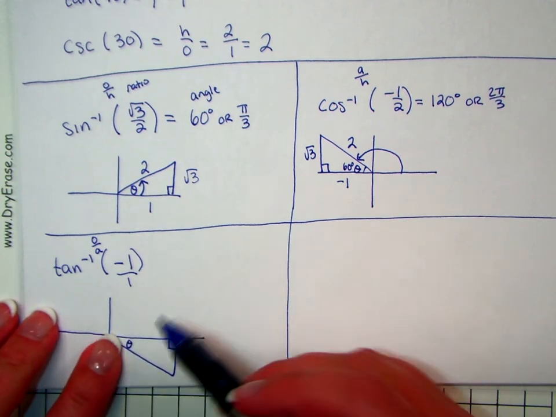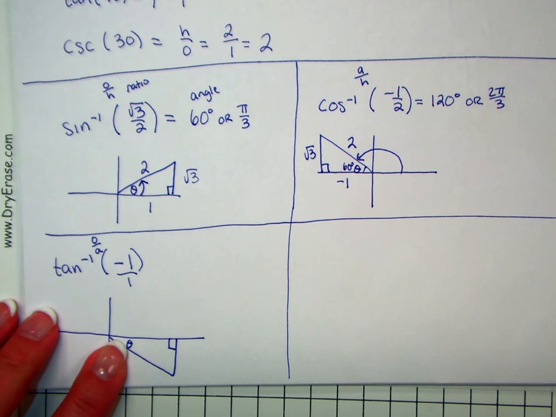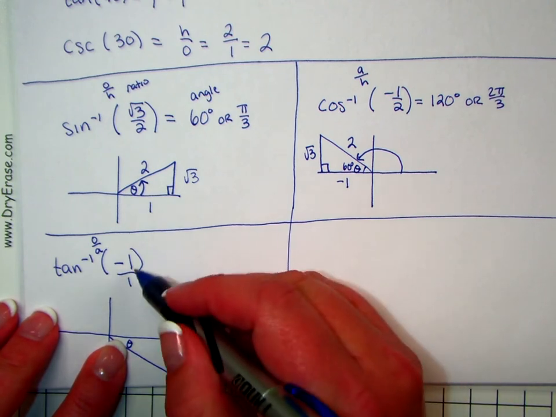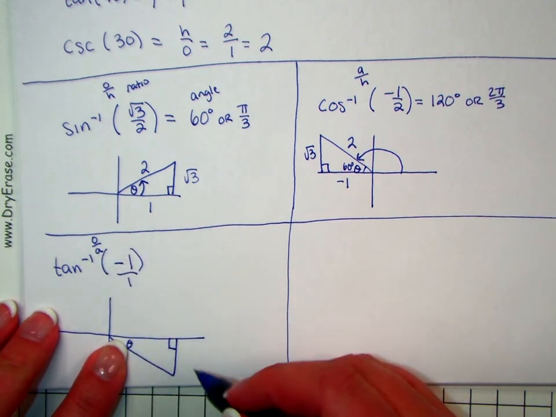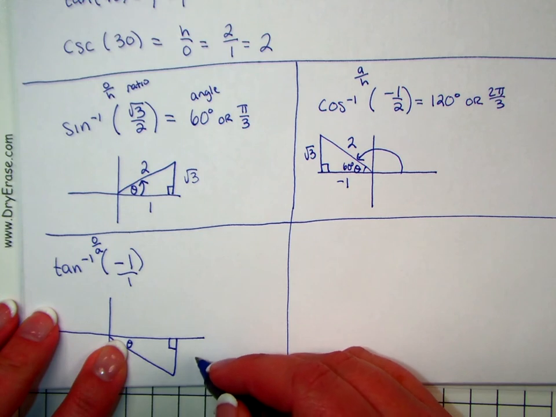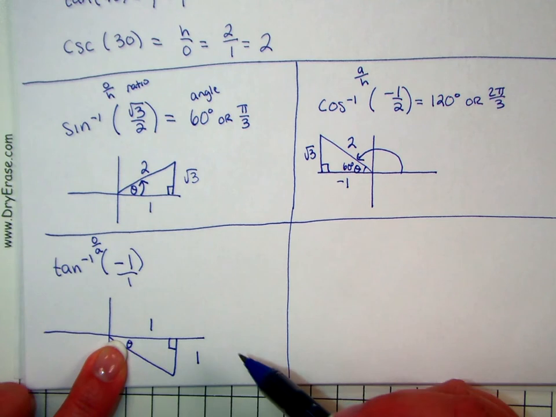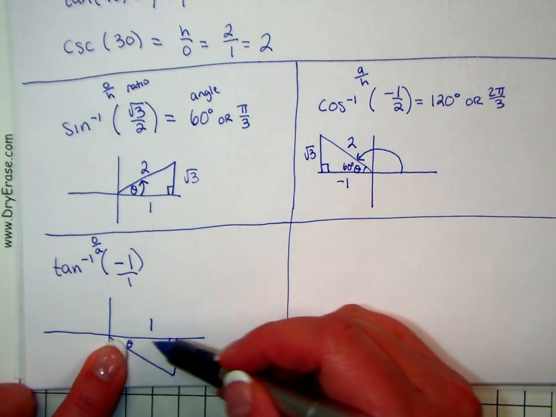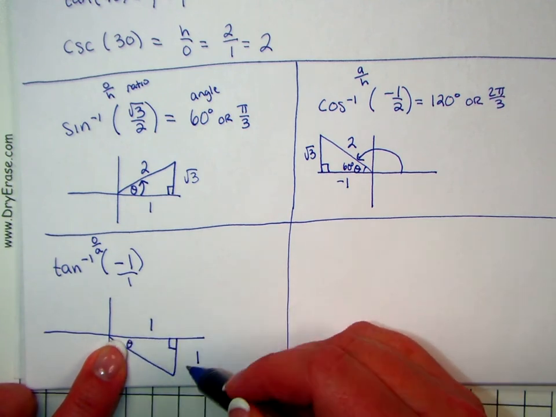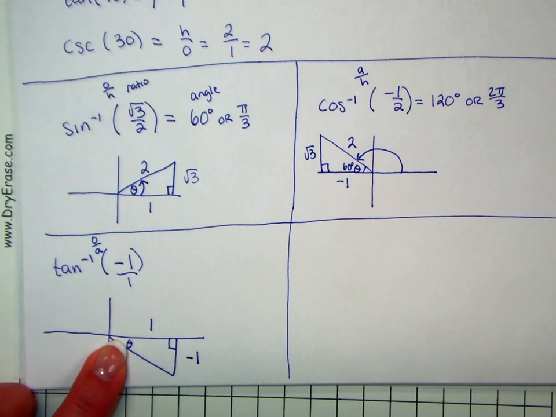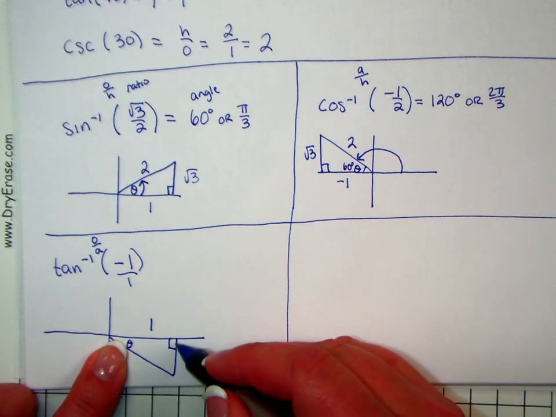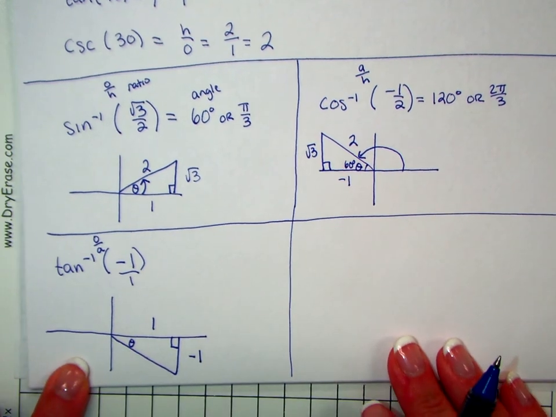Right? Now this angle has this ratio. So opposite over adjacent. I'm not going to fill in the negatives just yet. I'm going to put the opposite as a 1 and the adjacent as a 1. Now down here in quadrant 4, the x is positive and the y value should be negative. So I'm going to put the negative on this vertical leg here.